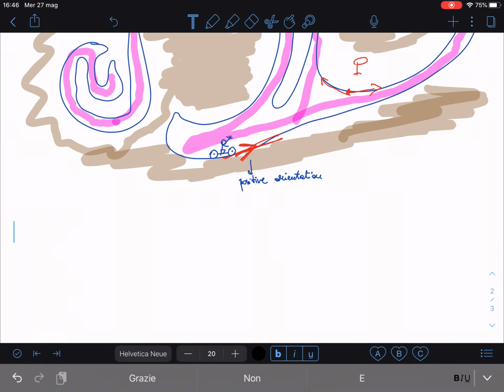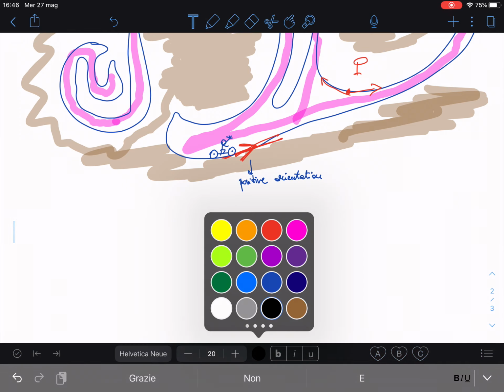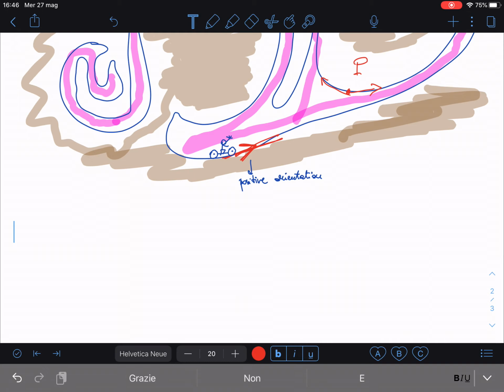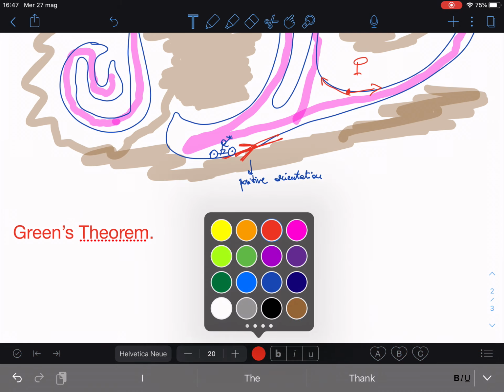So, here we have Green's theorem, or Gauss-Green theorem. That states the following. Okay? You can start either by the domain or by the curve, but let us start with the domain.